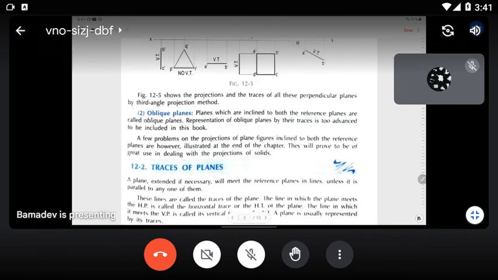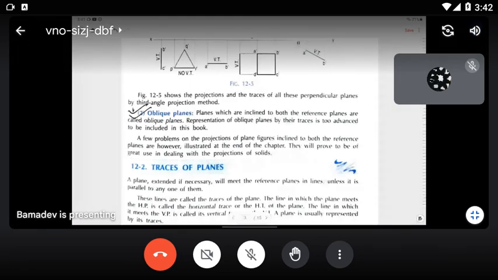Okay. So next is the oblique case, right? To give you a better visualization, I am intentionally keeping it to teach you in offline mode, so that it will be easy for you to visualize.